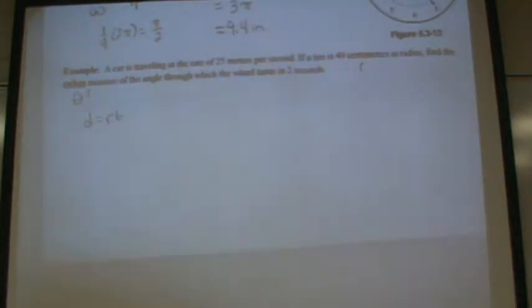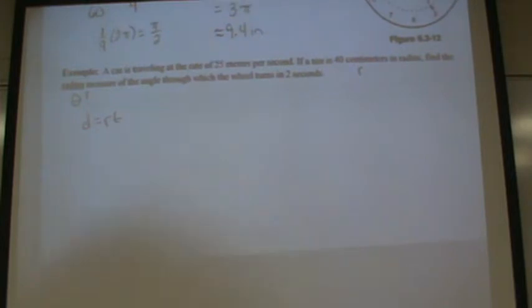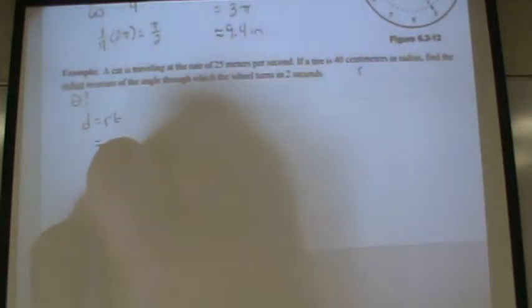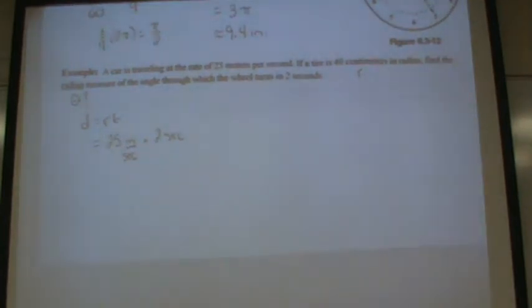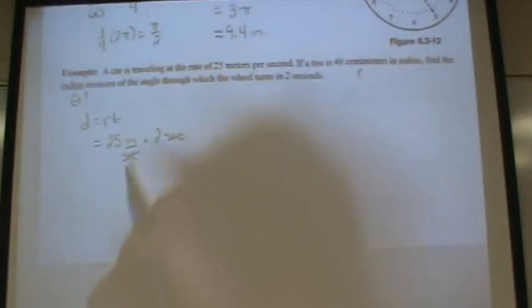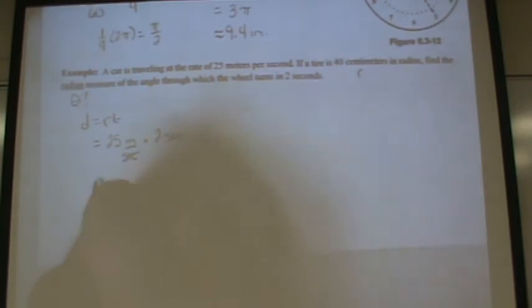In this case, our distance is length. So we're going to use our rate, which was 25 meters per second, and multiply that by the 2 seconds that the wheel turned. Our seconds cancel out, and we get a distance of 50 meters.